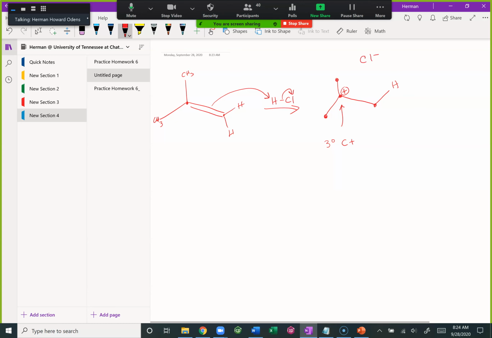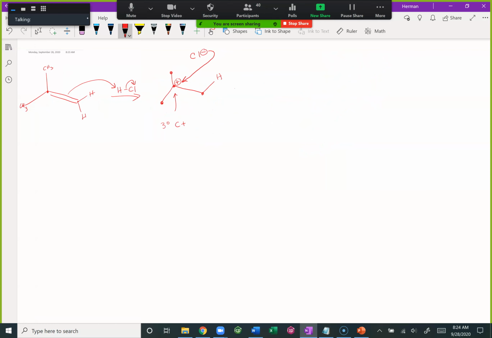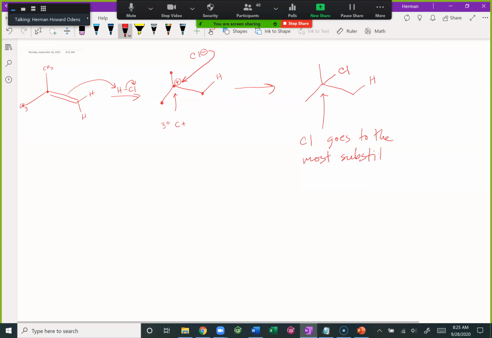And then the chlorine that is hanging around is going to go and attack it. And then you'll end up with this. All right. Also notice that here the chlorine goes to the most substituted carbon.